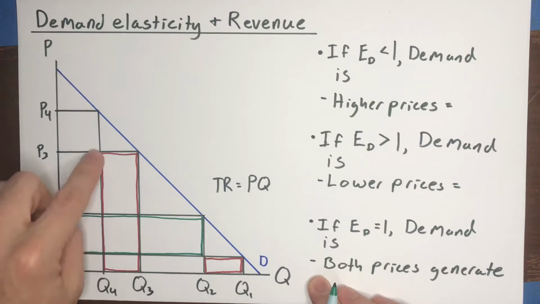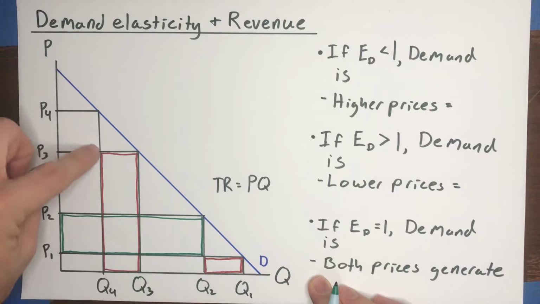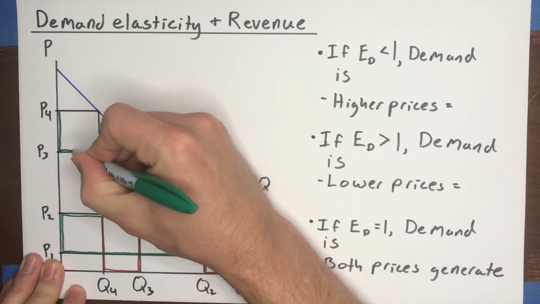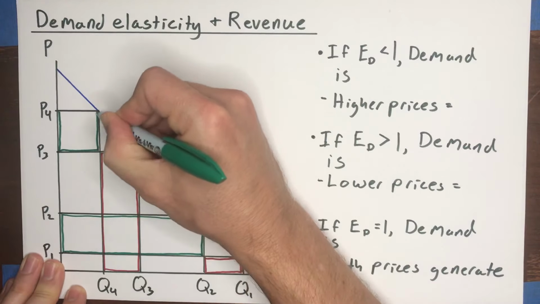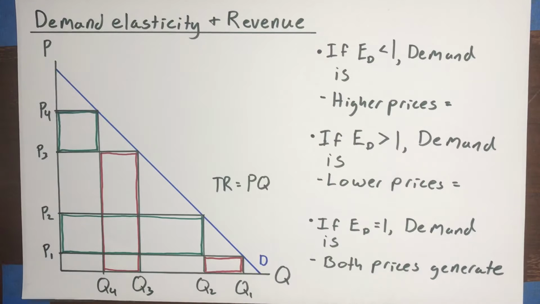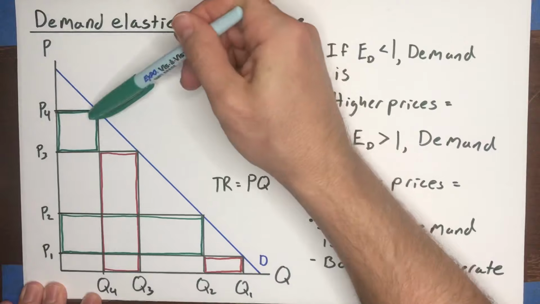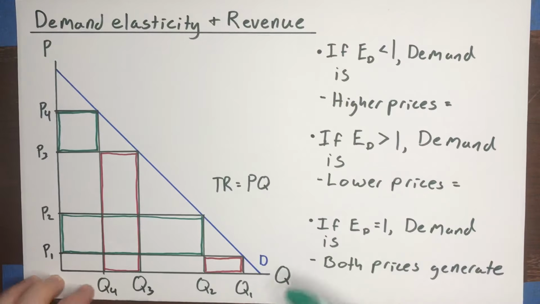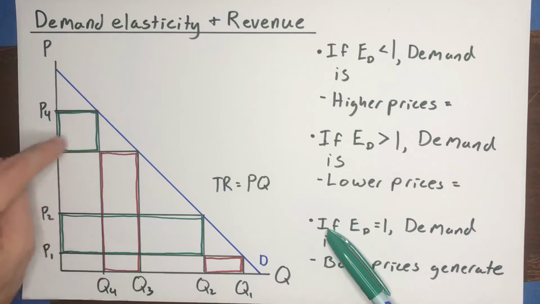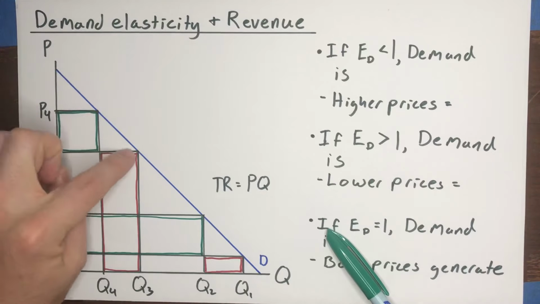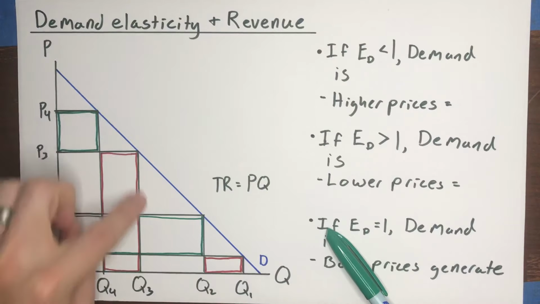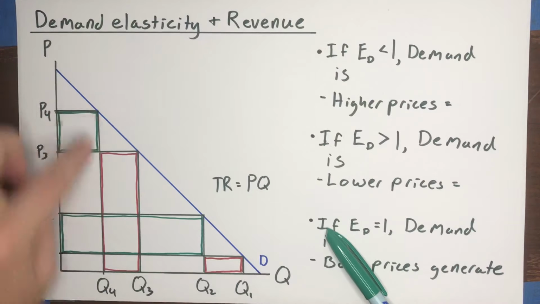That's going to be on these Q4 units that I'm still selling, the higher price that I get to charge on those units. Once again, eyeballing it, you can compare revenue gained versus revenue lost. It looks like between those two points on the demand curve, it's actually the lower price that gets you more revenue, because raising your price loses you more revenue than it gains you.